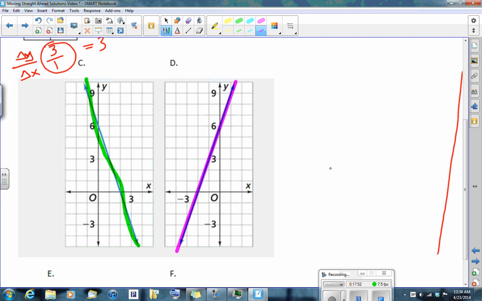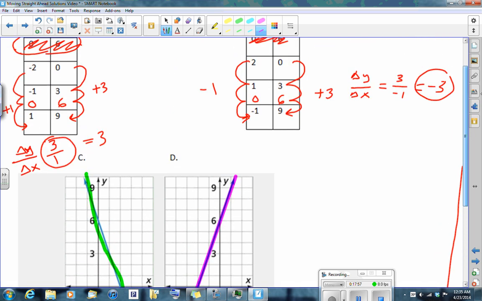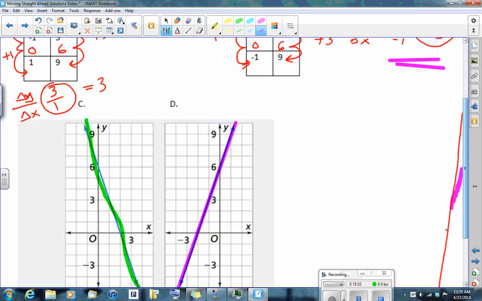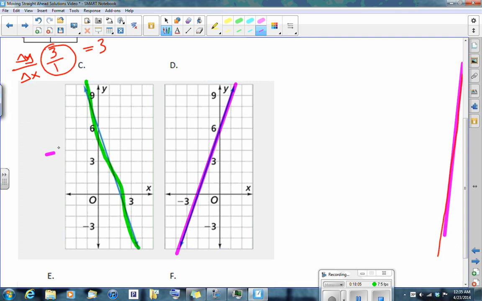So keeping that in mind, I don't really even need to calculate anything. I know this -3 goes with this over here. Versus this is the positive 3, the slope, positive.